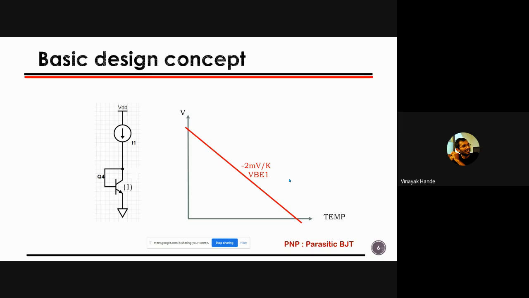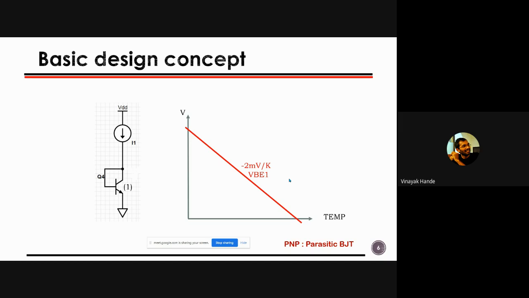Then if I take that BJT and tap the VBE by pumping the current I1 into it, and increase the temperature, I'll get a response like this. Roughly it is observed that the slope is minus 2 millivolt per Kelvin.